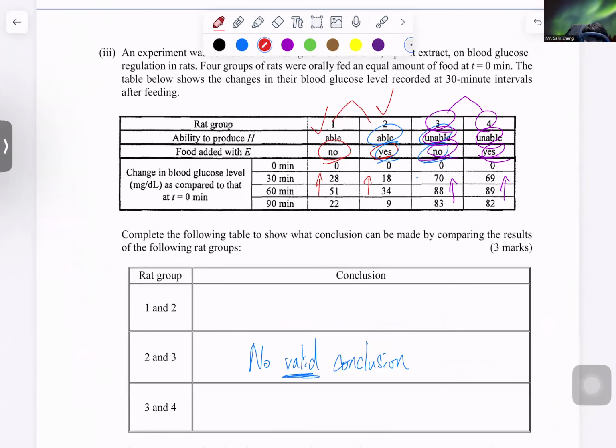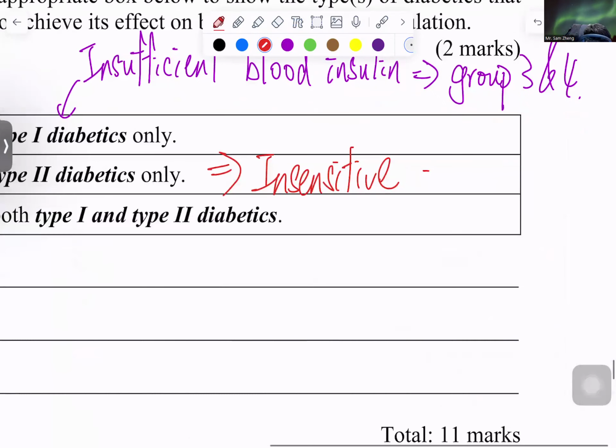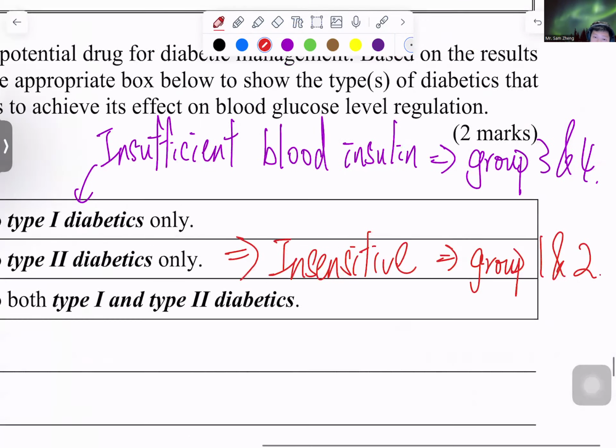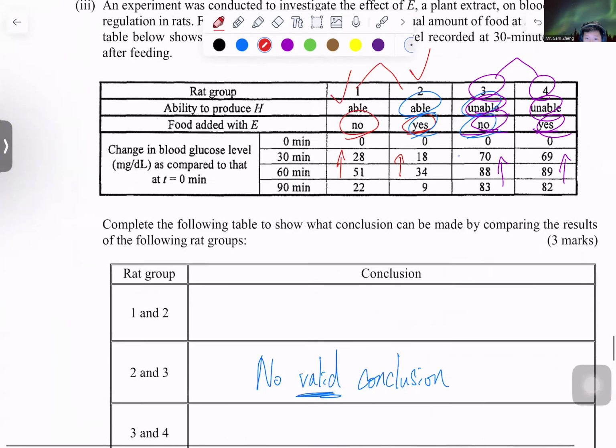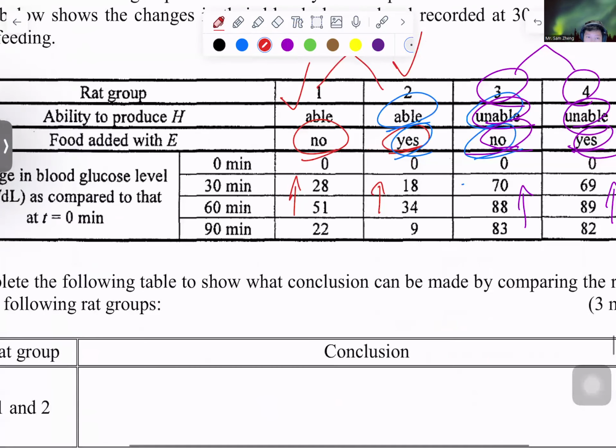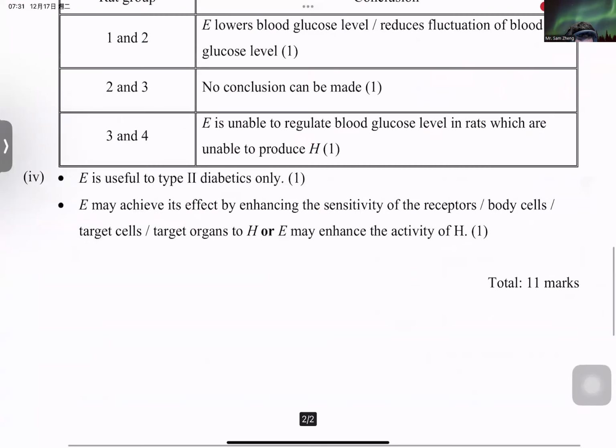So that means it will be similar to our group 1 and 2. Therefore, we will notice that if we look at group 1 to 2, the substance E is better, or it can help us to increase the sensitivity. So you will see the answer here.